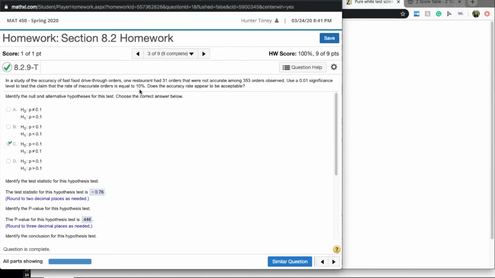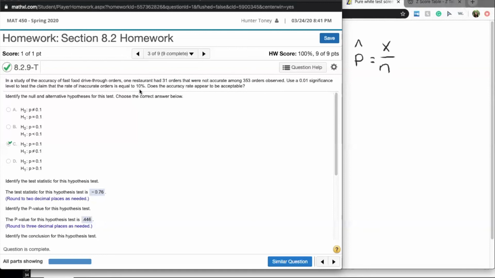So once we have our hypotheses, we can write out the remainder of our problem. If we pick out all the things we know, we're given our proportion for our sample, so we can create our p-hat. Remember, p-hat is just our number of things observed, whatever we're measuring, over the total.